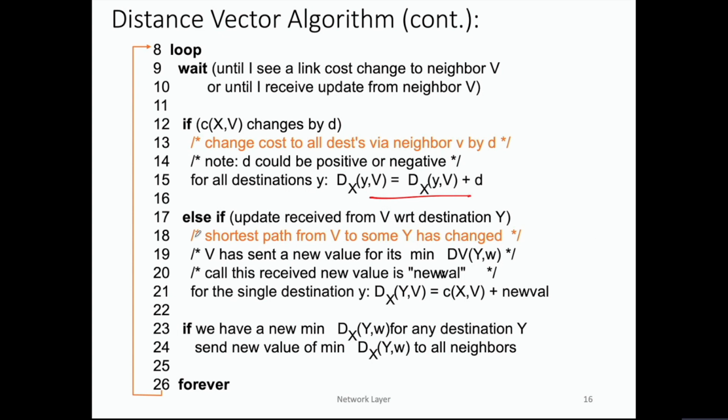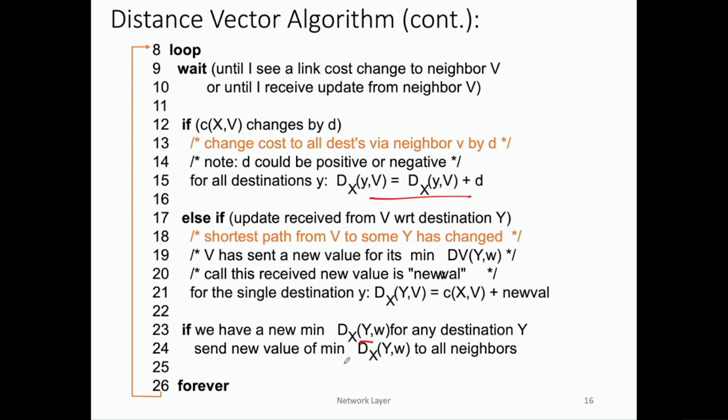Else, if an update is received from V with respect to some destination Y, what we have to do is calculate the new cost again. And if the new cost is minimum, we will send this update message to all of the neighbors. And we'll stay in this loop and wait for two things to happen.